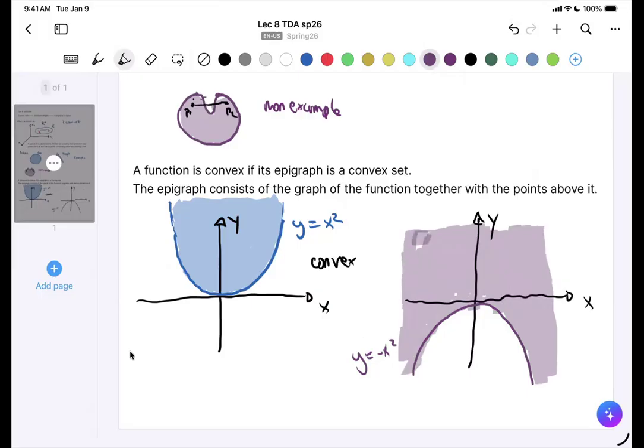And you can see that it does not come back. You just choose, for example, these two points, and the segment between them goes outside the epigraph. So this is not convex. The function y equals minus x squared is not convex.